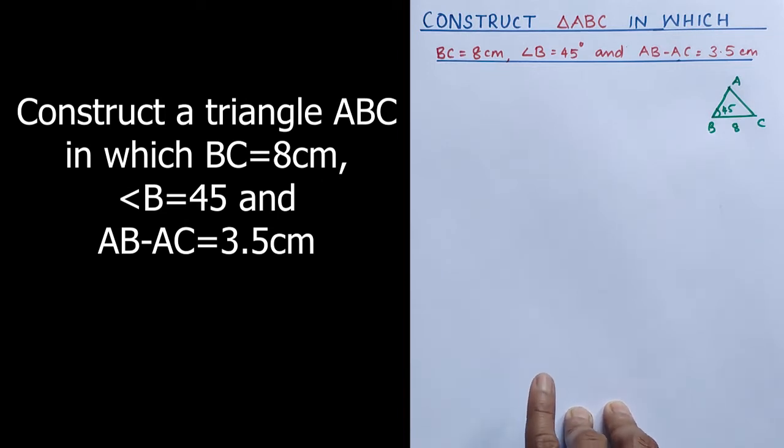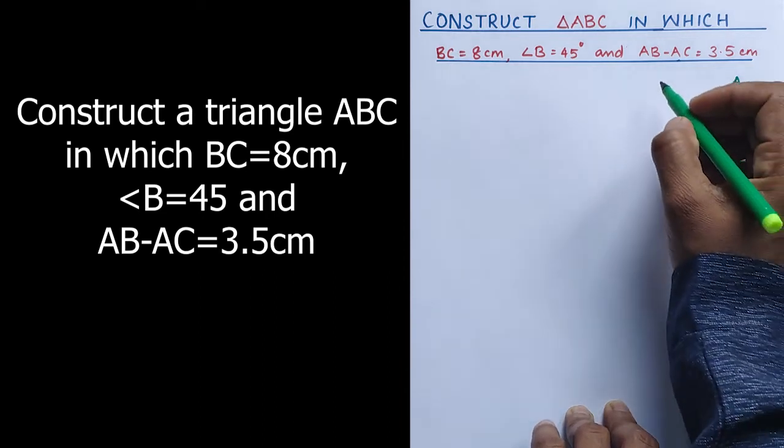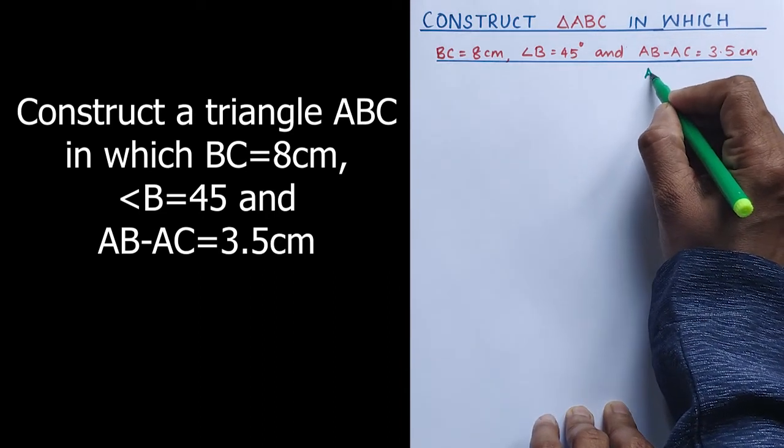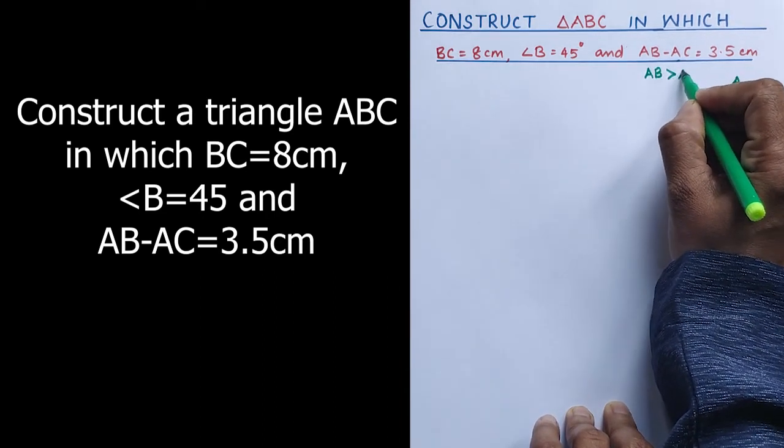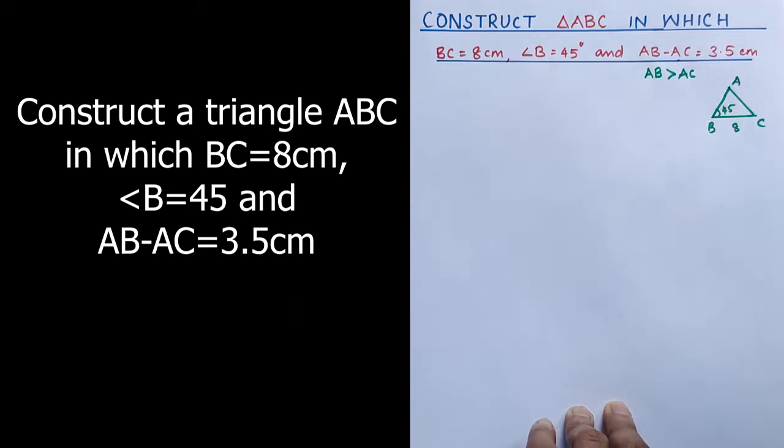Here AB minus AC is given. That means AB is bigger than AC. From this we can understand AB is greater than AC.